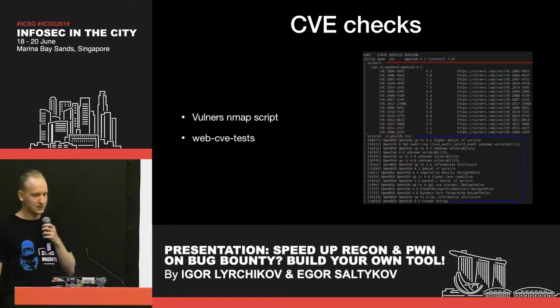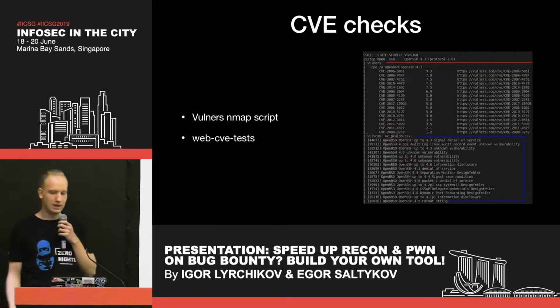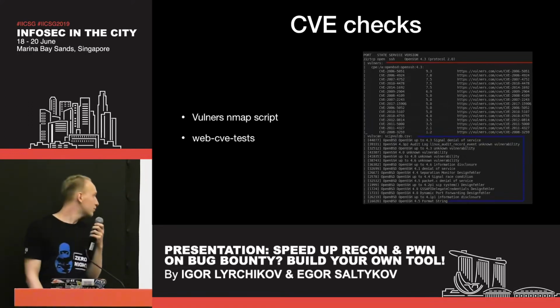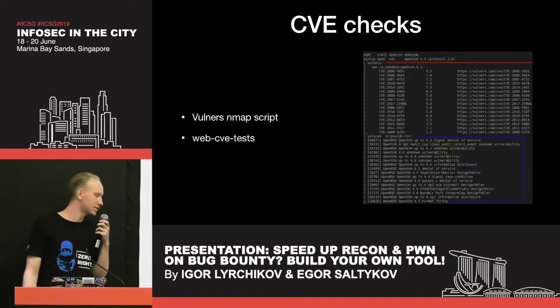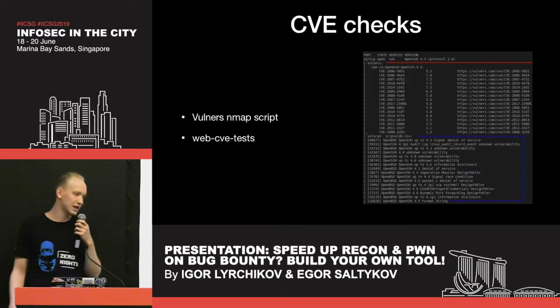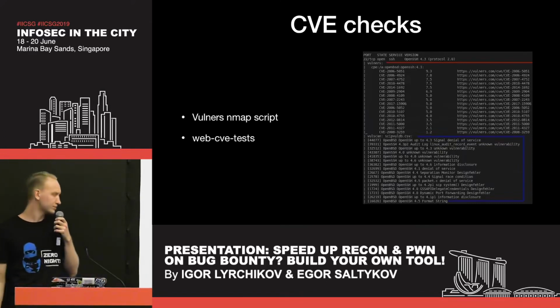As I said, you always need to update your scanner with custom and fresh checks, but you also should automate the well-known vulnerability lookup. So we have a great script, vulners, for Nmap. It would help you to cover this area.